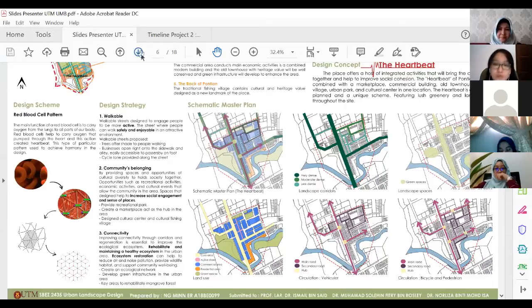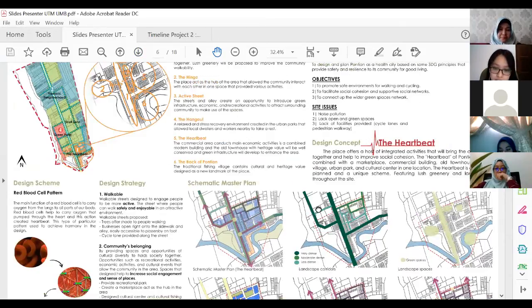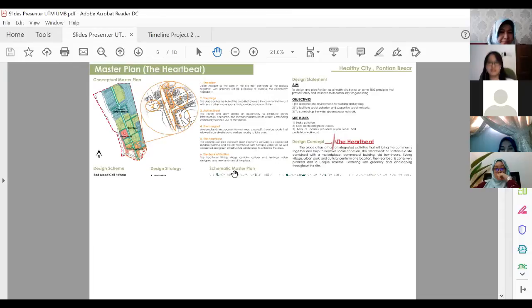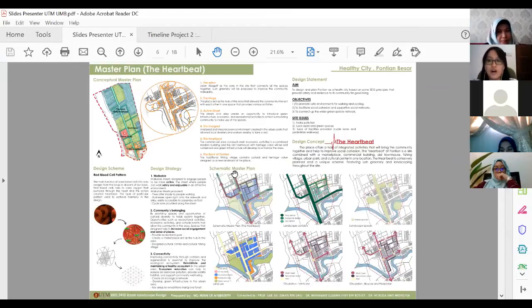When you look closely at the schematic master plan, the landscape corridor and landscape spaces mean that all the green spaces or potential spaces will be connected and linked by the green corridor, which is the large greenery, and also the streetscape planting. Next, I want to focus on the circulation for vehicular, bicycle, and pedestrian.